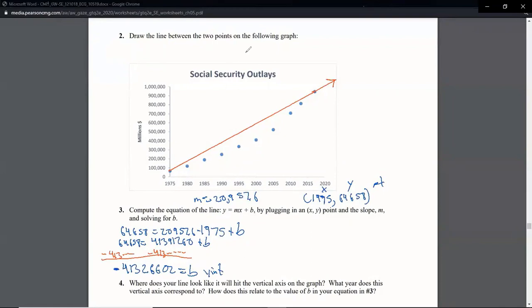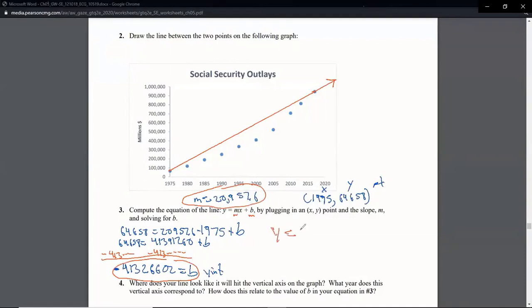All right, so now that we have the m and we have the b, we're going to plug them into the standard equation, but we're going to keep the y and the x. We're not going to plug in that point anymore because we want to see what this thing is forever and ever and ever.